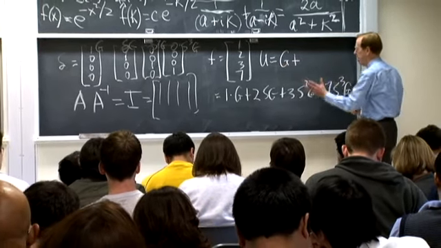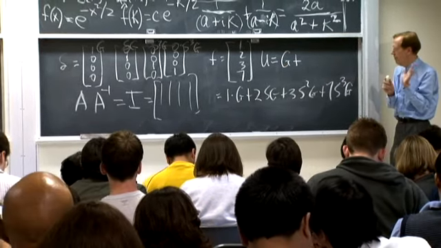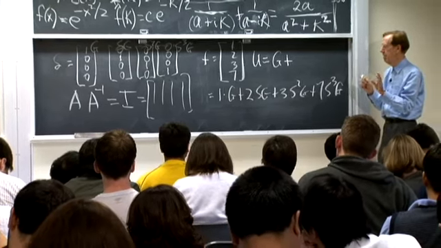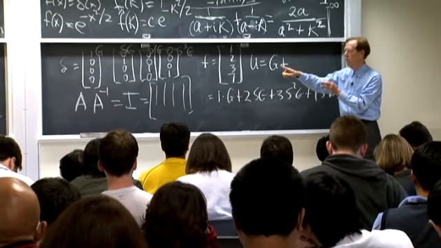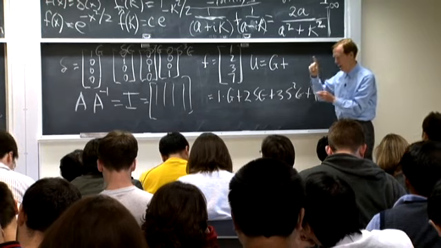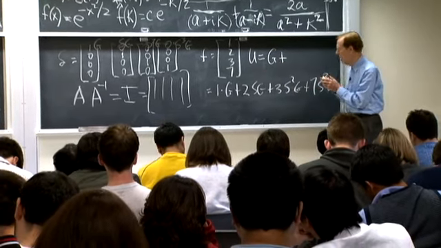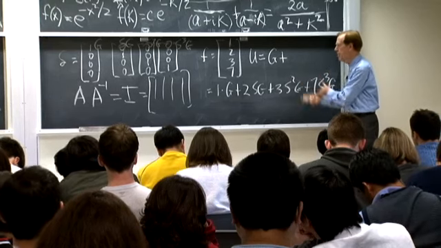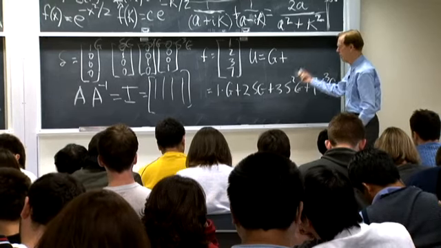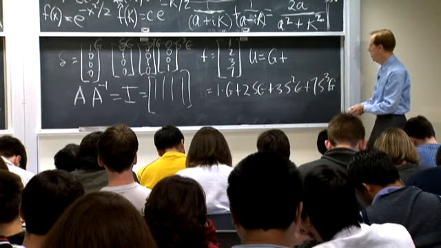I'm taking 4 minutes to do something simple because when I use the continuous case, it'll look a little strange, but here it's so easy. That'll involve integrals. This involves a sum. So what is it?